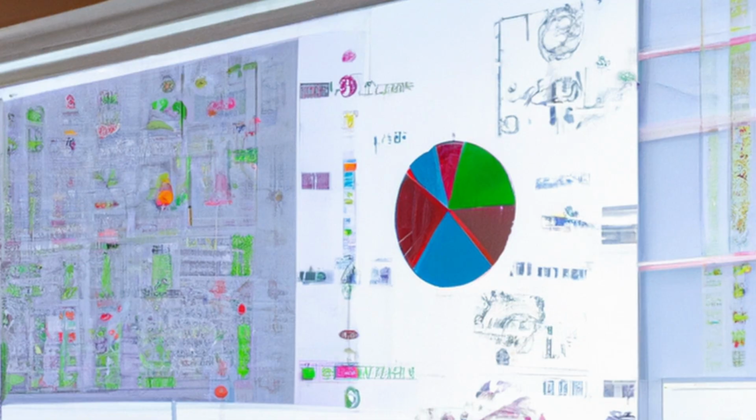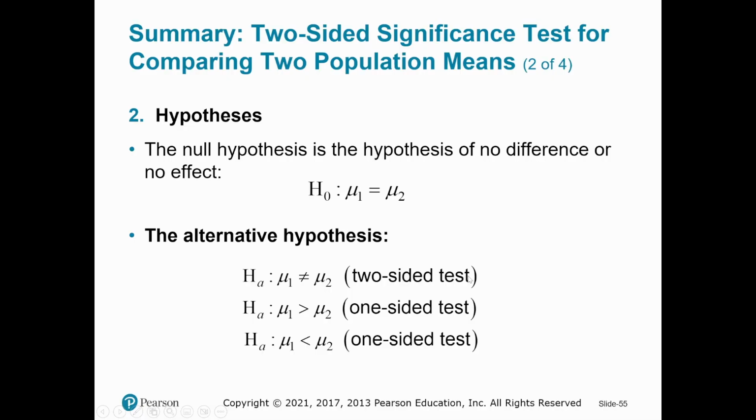And if we are rooting for a one-sided alternative hypothesis and you use a two-sided alternative hypothesis, you have just wasted statistical power. So it depends who's paying your salary.